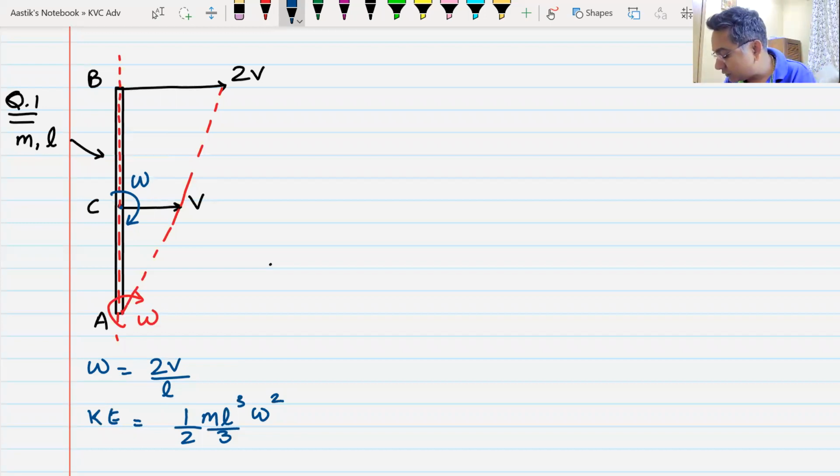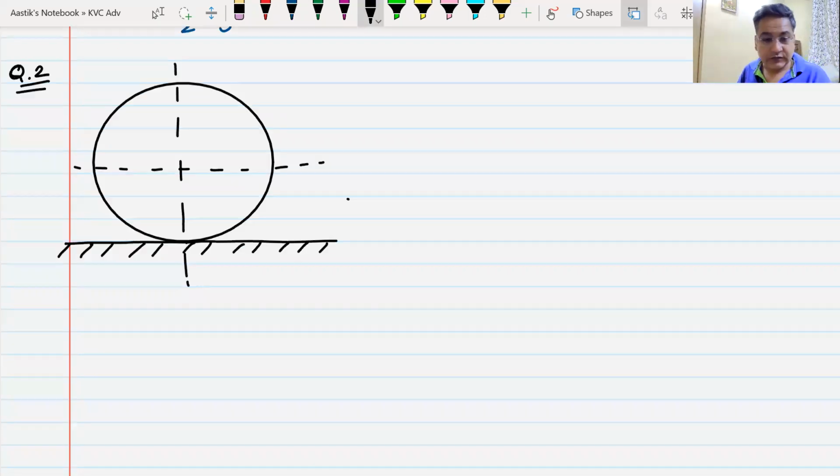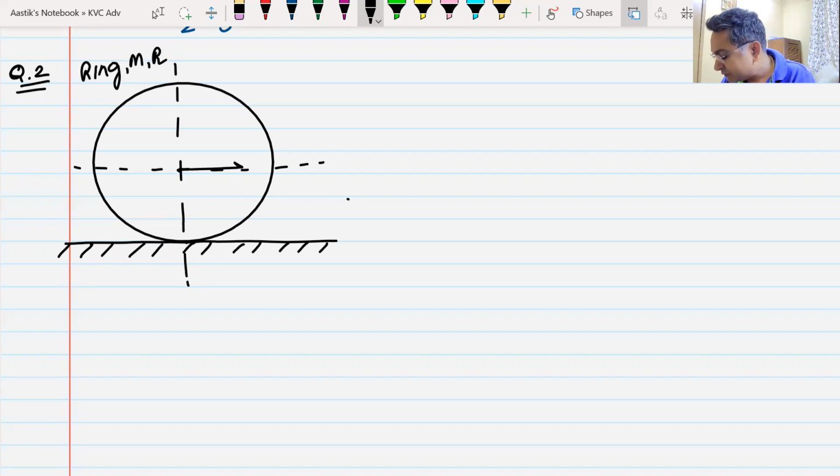We again come to this question and keep on coming to this question because this is the most important thing that we are going to do. And this is the question. This is again a ring. It could be a disc, it could be a sphere, ring of mass m and radius r. The velocity of this point is v, and the velocity of this point, you can call this the center, you can call this the point B, is 2v. Again, the question remains the same.